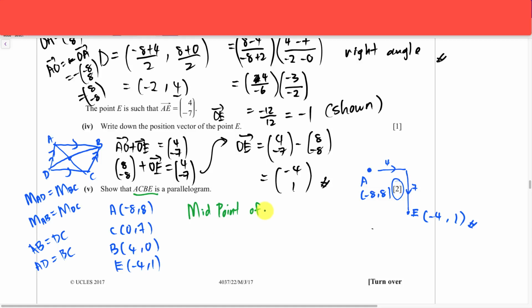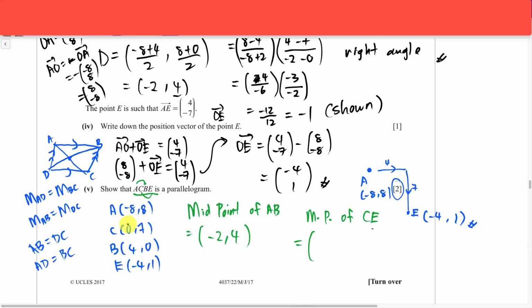Alright, so I will find the midpoint of, okay, just jump A to B. Midpoint of AB. So AB should be negative 8 plus 4, which is negative 2, which we already found, the midpoint of AB, which is negative 2, 4. Alright, then I will do the midpoint of CE.